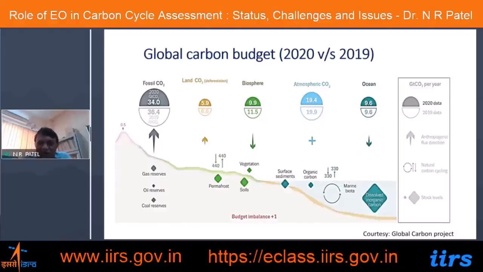The ocean is almost the same, and land use change is almost the same, but with a little bit of change because of lockdown, some abandoned farming activities, as well as increased forest fire in subsequent years, 2019 and further 2020. So some carbon sequestration by the biosphere has reduced a little in 2020, but overall, because of the lockdown, there is a positive impact on reducing carbon in the atmosphere.